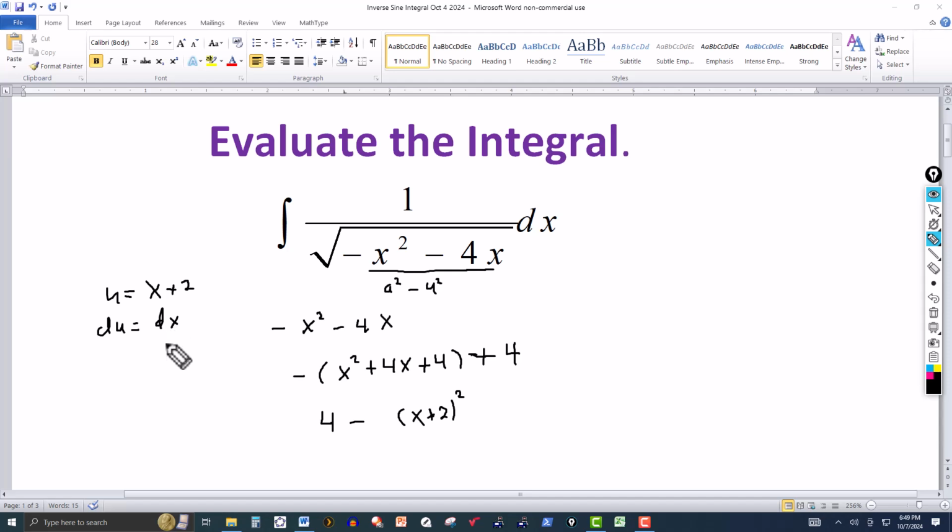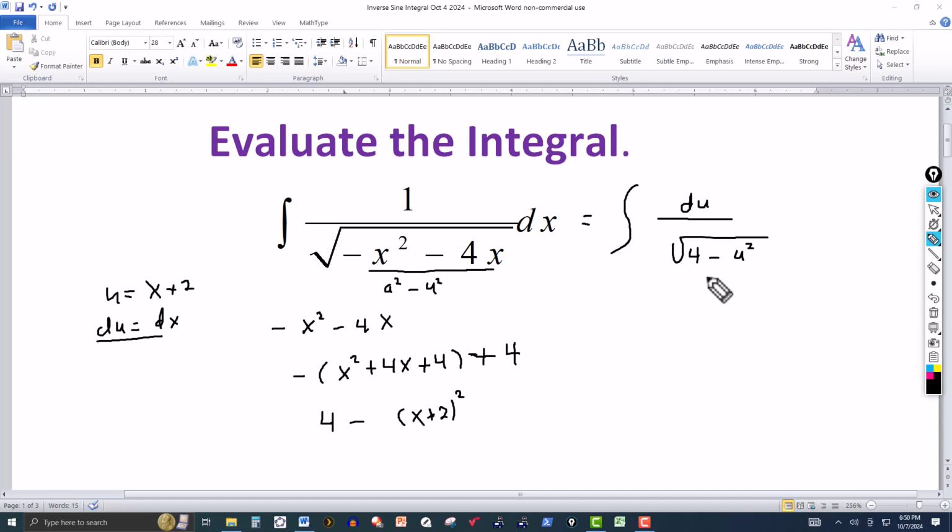Now we convert this integral into one involving u. We're going to use one of those formulas that we just went over, the one involving inverse sine. So this dx right here is the same thing as du. That's over the square root, and then for this radicand here, that would be 4 minus, and of course the x plus 2 is your u, so this will be u squared here.